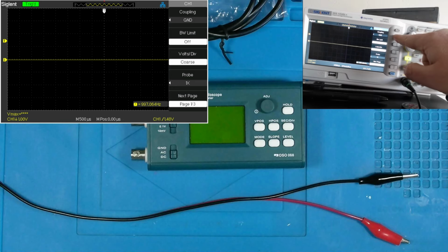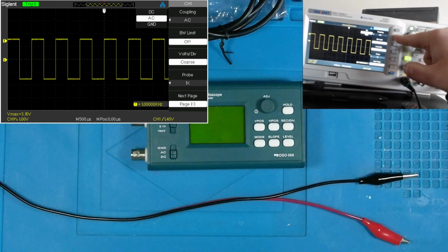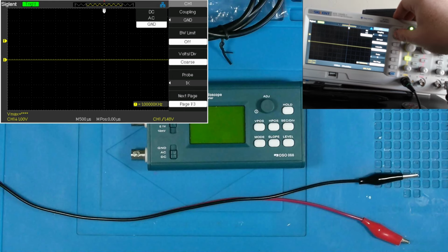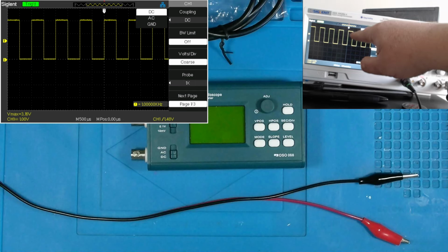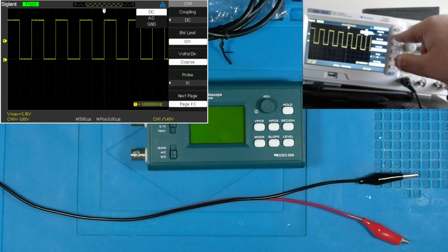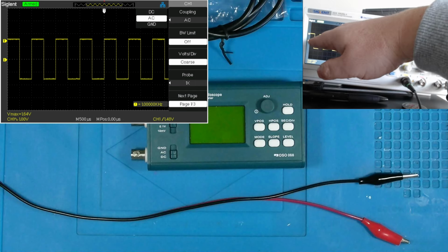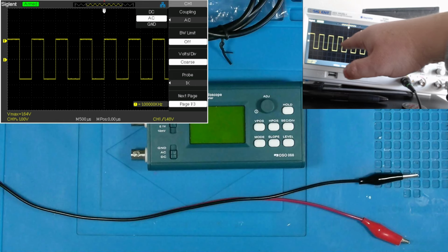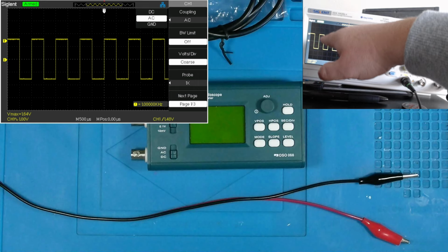And then I'm going to go from ground to not DC, but AC. Now, we can go ahead and make an annotation here. You see how when I put it to DC, this is higher up than when I'm on AC? Well, right now, my waveform is in reference to my ground line. So given this AC, it goes above and below, right?